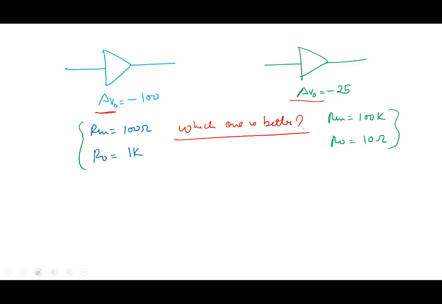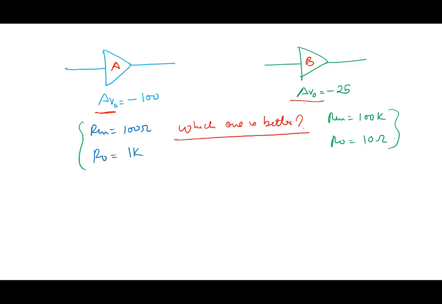Let's call this amplifier A and let's call this amplifier B. Can you construct a situation in which amplifier B gives you higher gain than amplifier A? Note that this is not the final gain, this is open circuit gain.